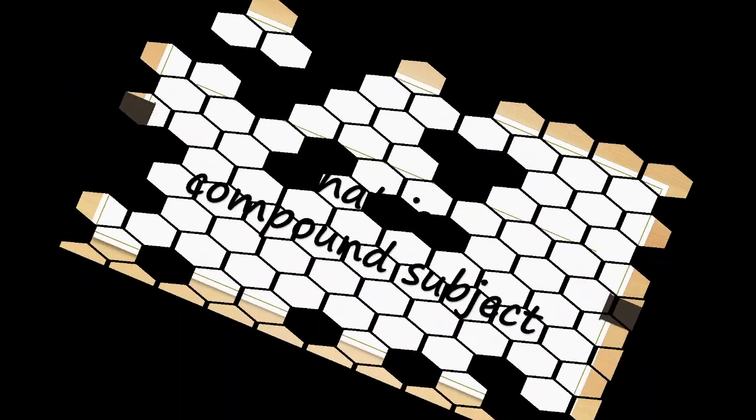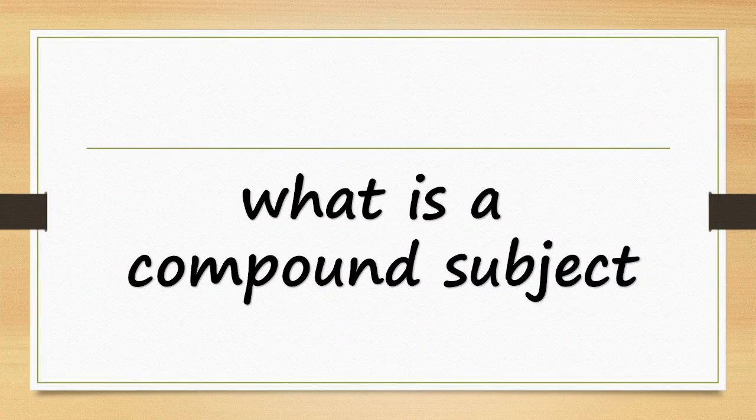Now let's proceed to our main topic. What is a compound subject? In your own idea, what is a compound subject? For me, a compound subject is composed of two or more subjects. Very good.